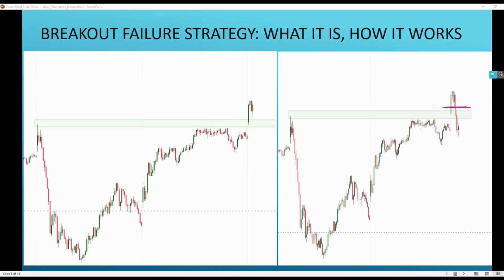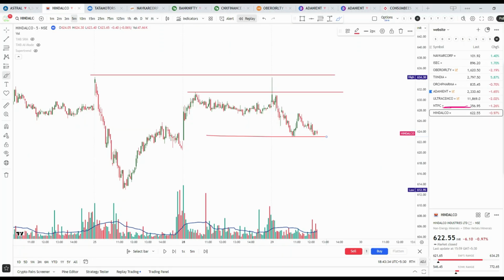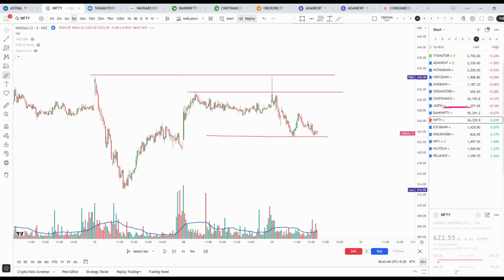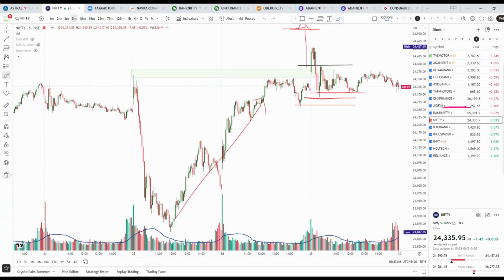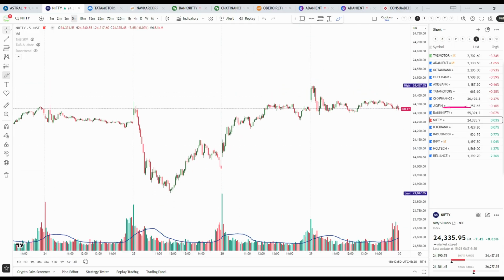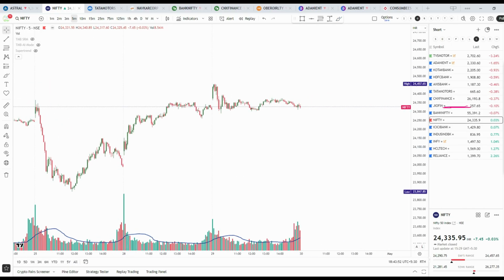Let's go to the Nifty chart today, how I traded. This is the Nifty chart.